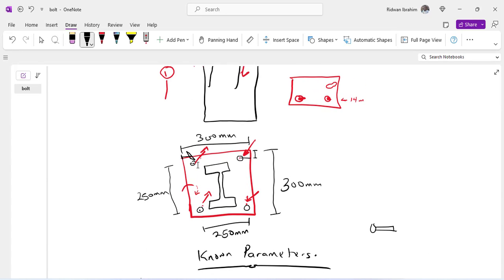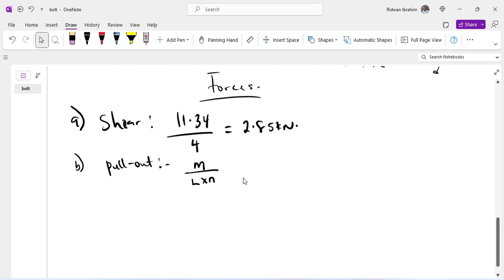If we have a moment applied in this direction, then this bolt will pull out, this bolt will push in. The lever arm is just between the bolts that are pushing in and the bolts that are pushing out, which has been computed to be 250 mm. That's the thickness.